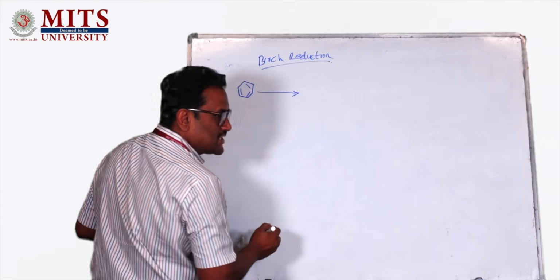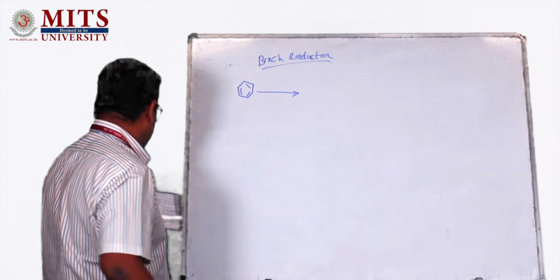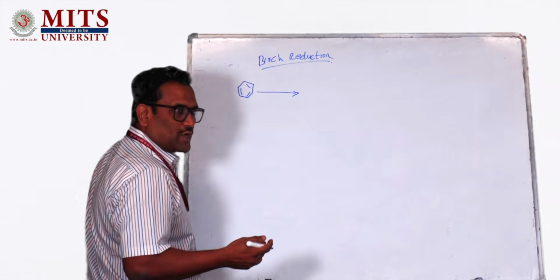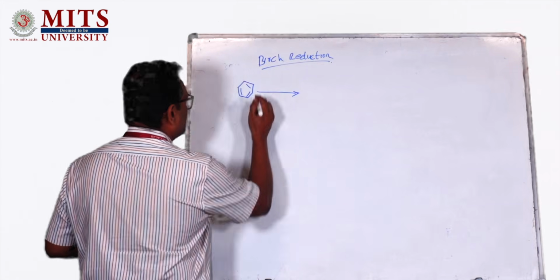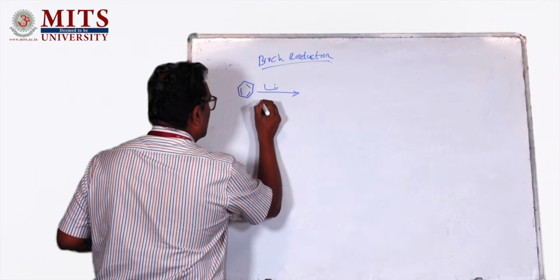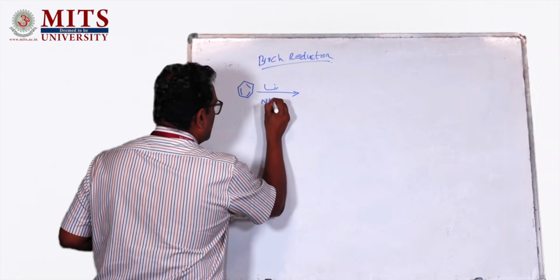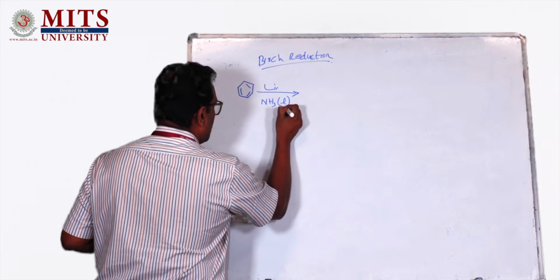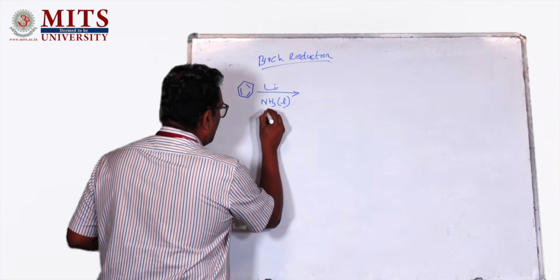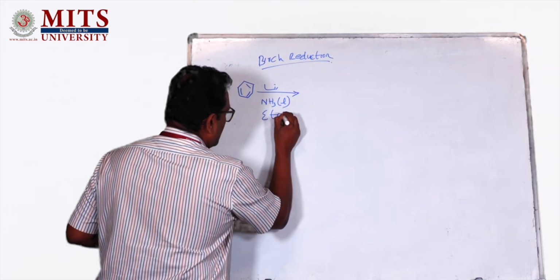What are the reagents we are going to use for Birch reduction? Lithium or sodium metal in liquid ammonia, along with ethanol.